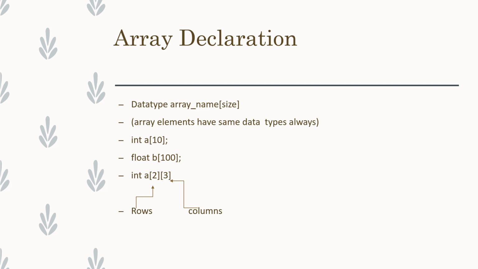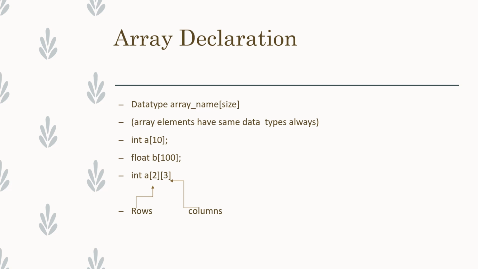Same way, suppose I want to declare the array. It will be declared as data type space array name into the square bracket, that is size. Data type can be anything, integer, float, character, but we have to make sure that the data which we are storing in an array is having same data type.